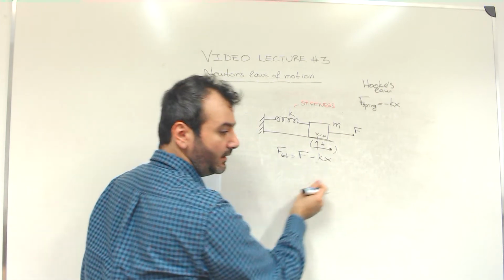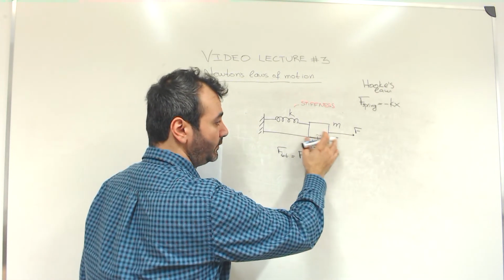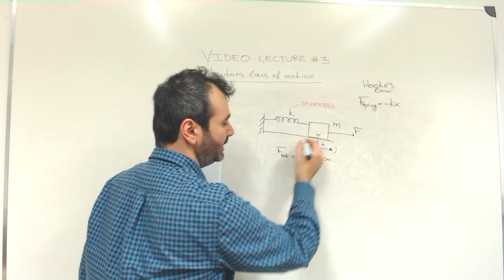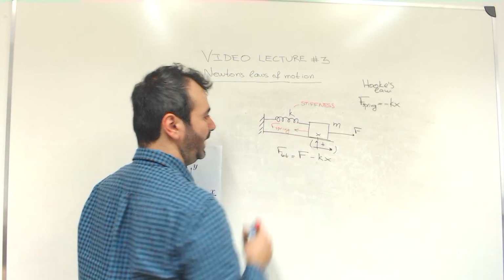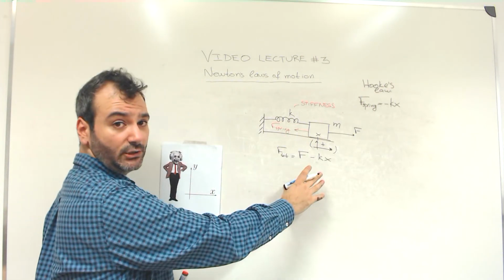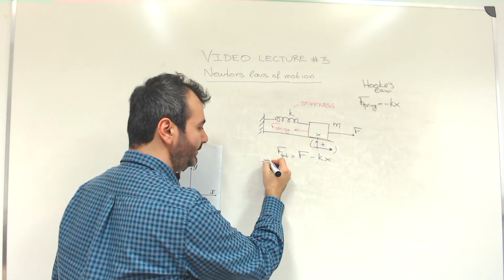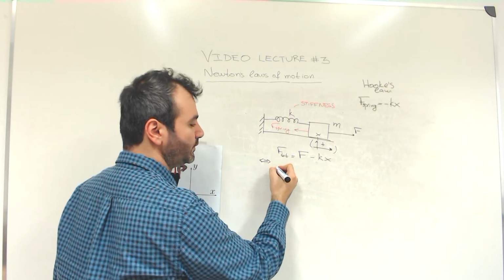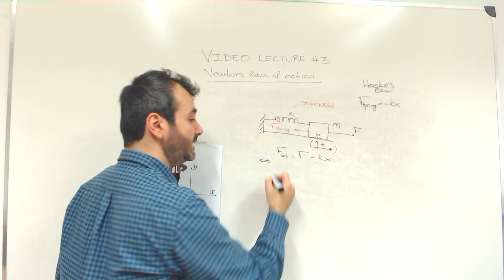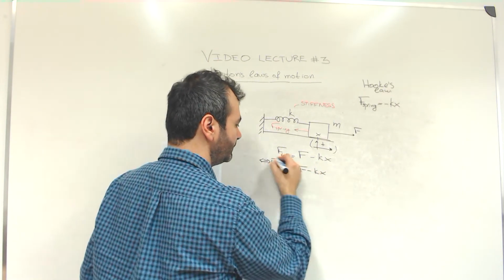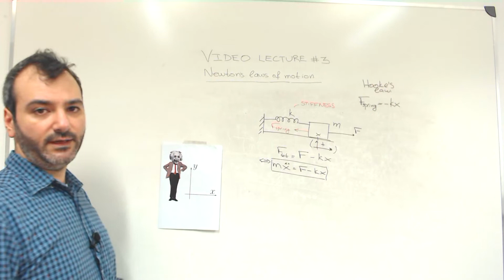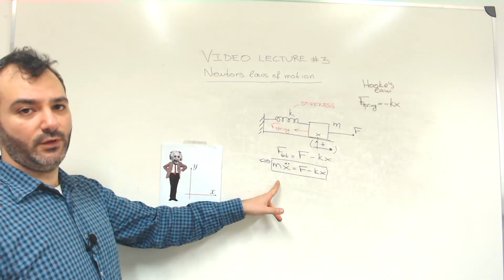This force will pull it to the right and it will be at some different x, and there will be a restoring force F spring. Now this is the total force. Equivalently, the total force by Newton's second law of motion is equal to m times the acceleration. And we don't need to do anything else. This is the equation of motion of the object.